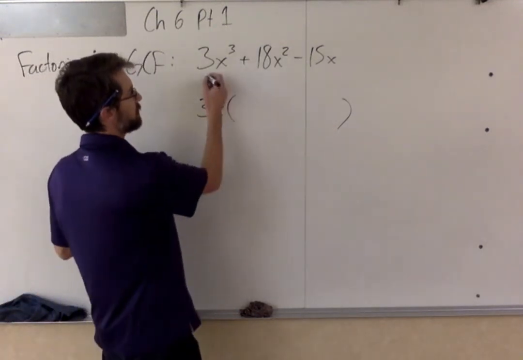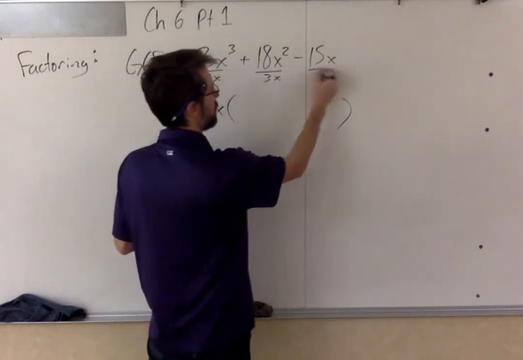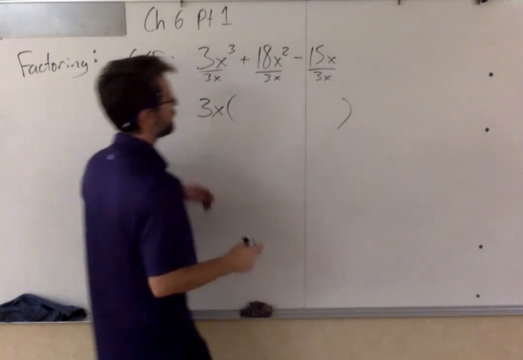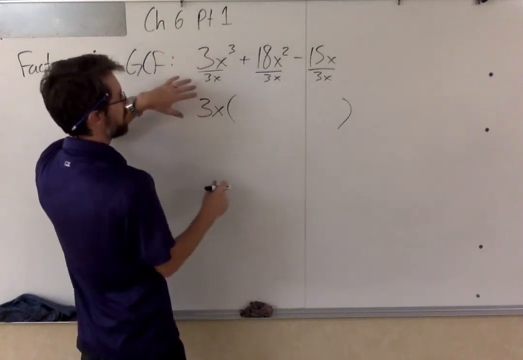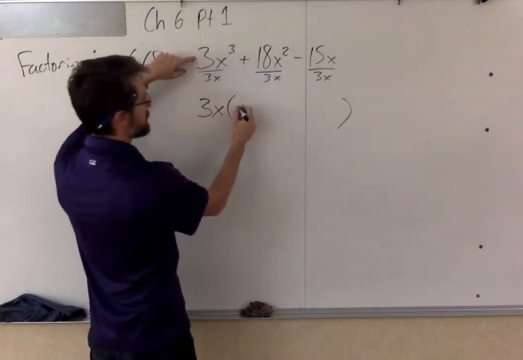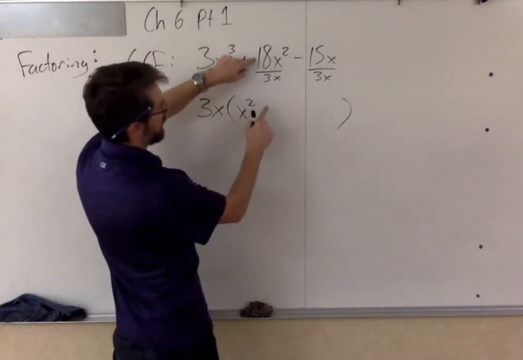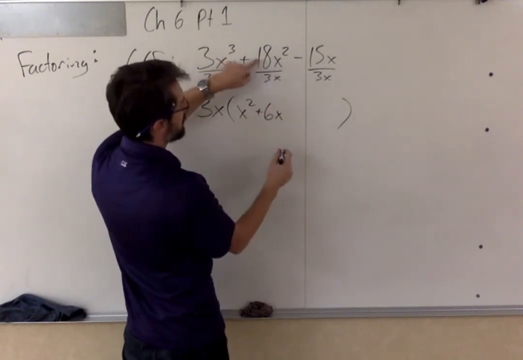What you're literally doing when you're factoring is dividing something out. And so to fill in the rest, you can literally just think about what would happen if I divided every one of these by 3x. Well, this one, the 3's cancel out. X cubed over x is x squared. 18 over 3 is 6. X squared over x is x.